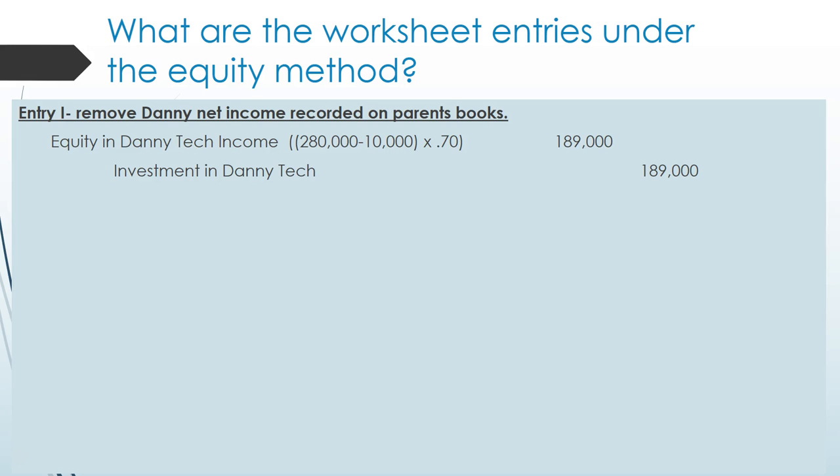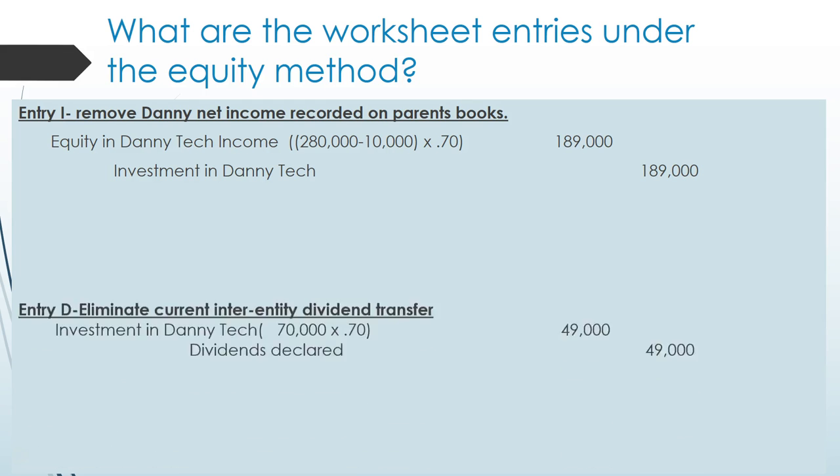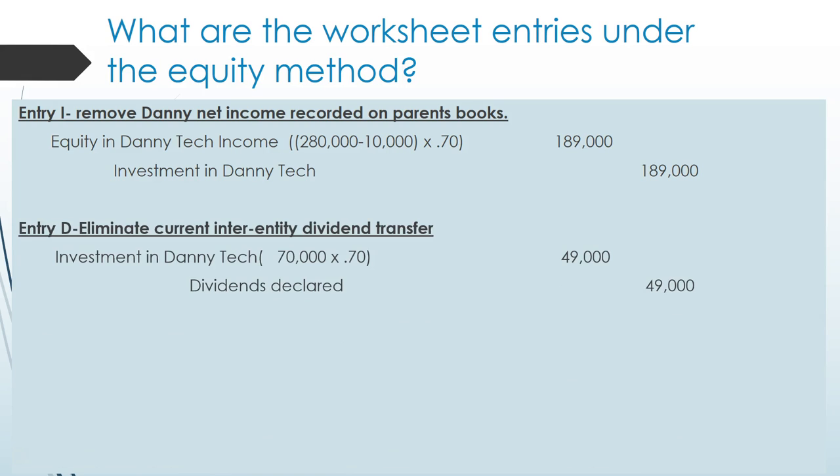Next thing we're going to do is remove Danny's net income recorded on the parent's books, but remember we would have only recorded 70%. And then of course we'd have that other entry in that non-controlling interest column. And we're going to eliminate the current entity dividends. Again, we would only take 70%, and then there'd be that item for the 21,000 that would be assigned to the non-controlling interest.